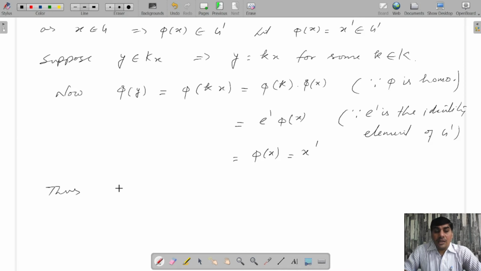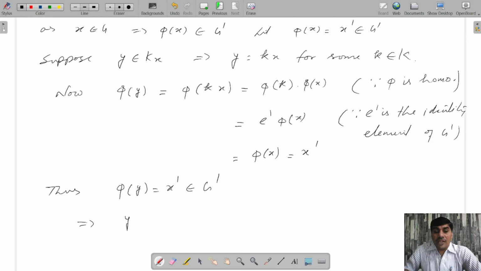Thus phi of y is equal to x dash belongs to G dash.